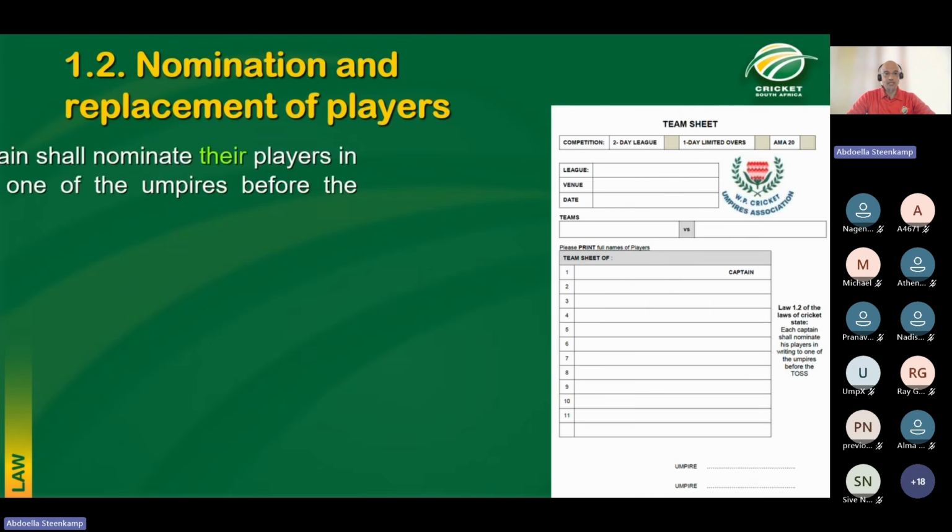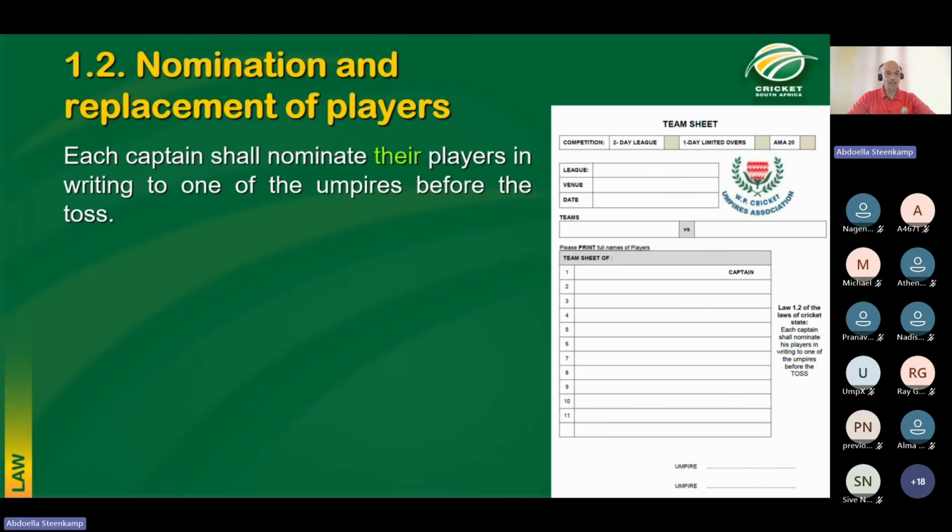When it comes to the nomination of players and whether the law allows us to replace a player, nomination needs to be done by the captains and they need to nominate their players in writing. And they need to hand their players in writing to the umpires before the toss.